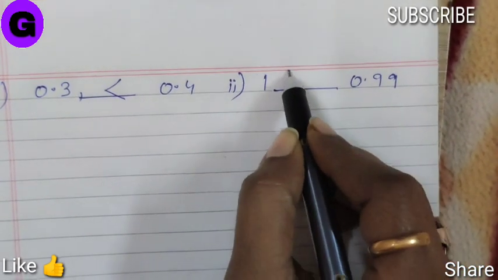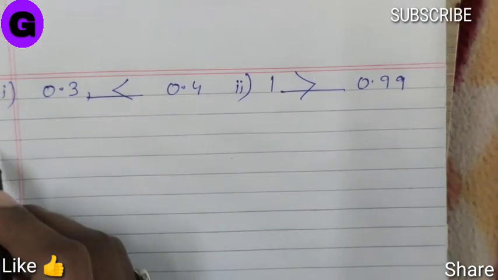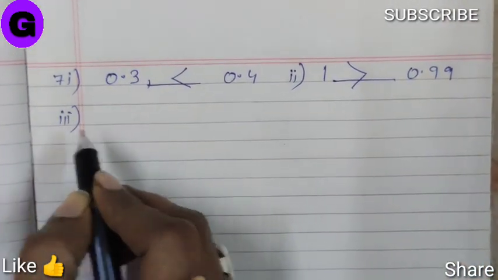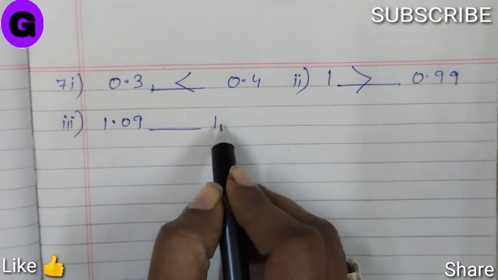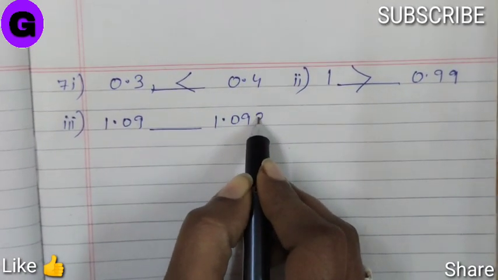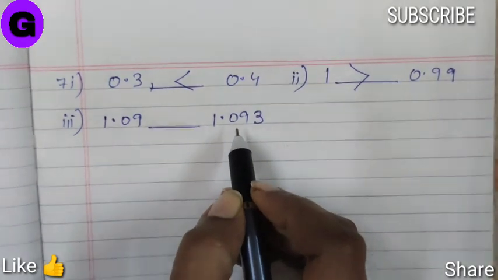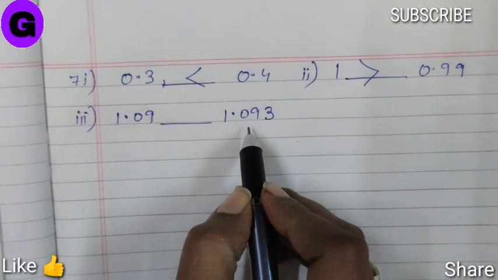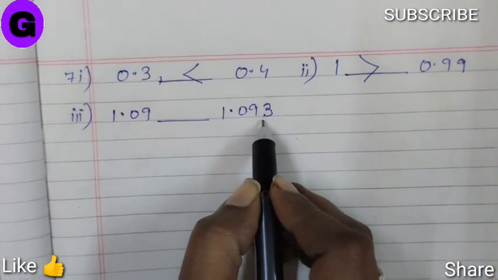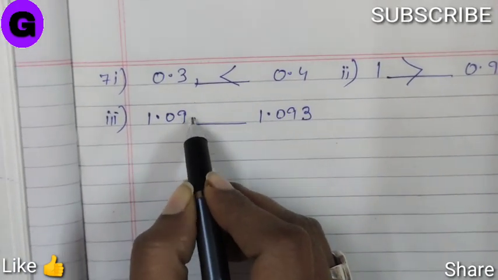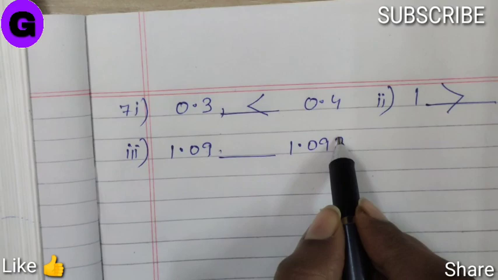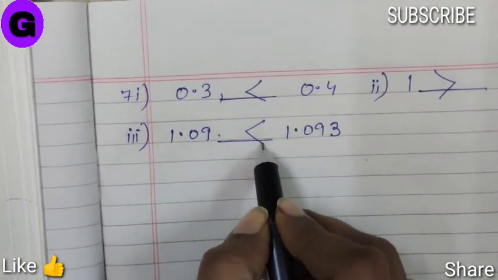Obviously 1, the whole number, is greater. 3, 1.09 and 1.093. Now, in this case, which is greater? No doubt 1.093 is greater, because here at thousandths place we have 0 and here at thousandths place we have 3. So this is greater.